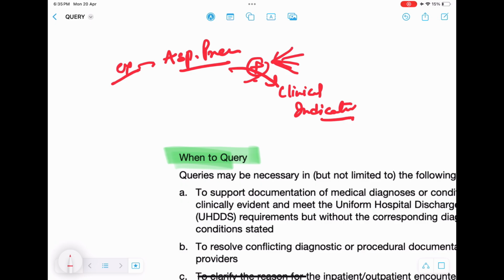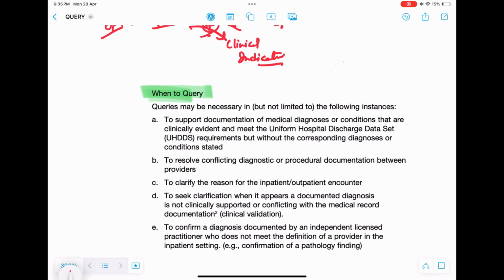Okay, let me show you a few important points from the guideline. A query may be necessary in the following: A, to support documentation of a medical diagnosis or condition that is clinically evident and meets the Uniform Hospital Discharge Data Set requirement, but without the corresponding diagnosis or condition stated.